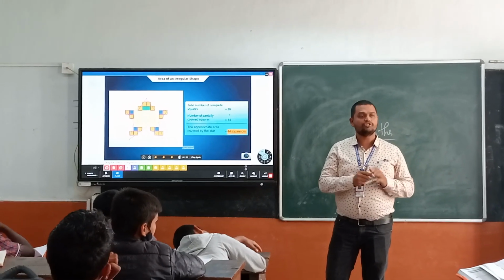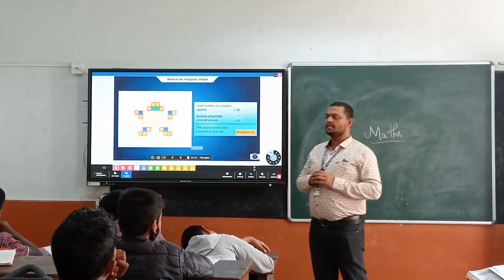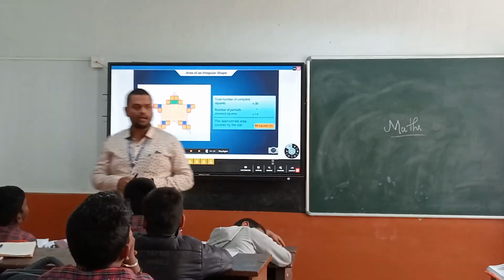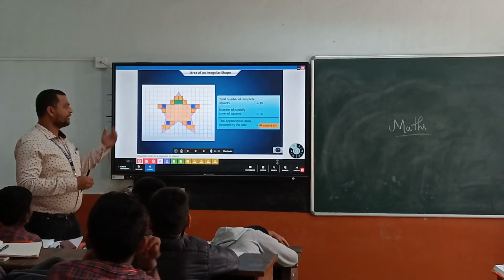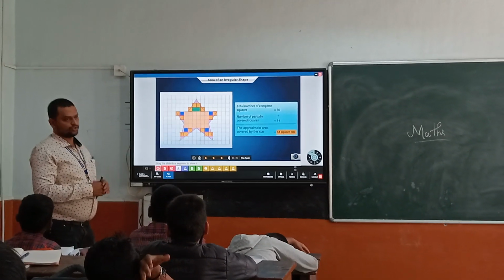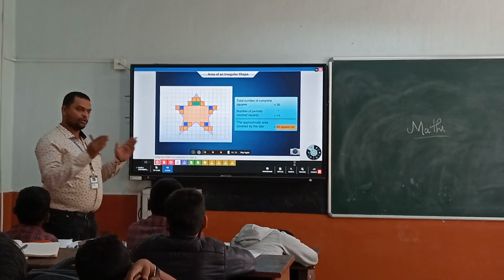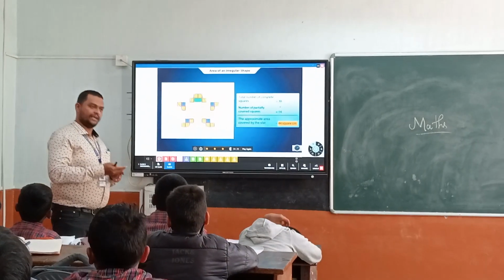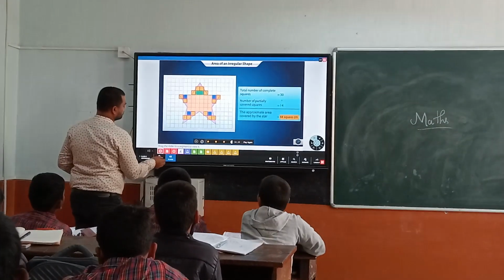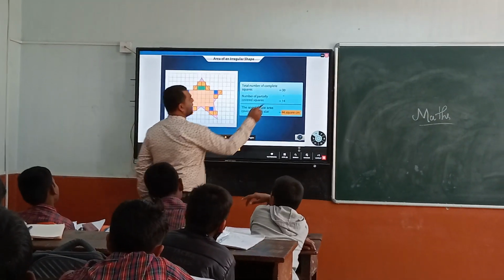Those regular shapes we can find easily with this method, right? Non-regular or irregular shapes we are unable to find through this method. It is a drawback. For that we have another method. We want to make it into known shapes and then find out the area. Okay, right. Regarding this, we will see some questions.